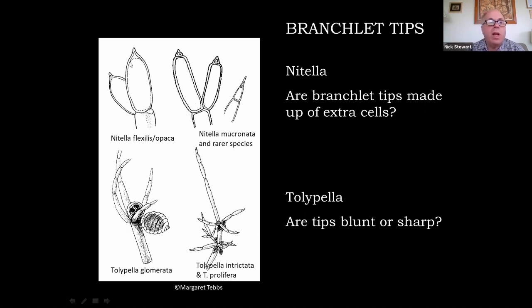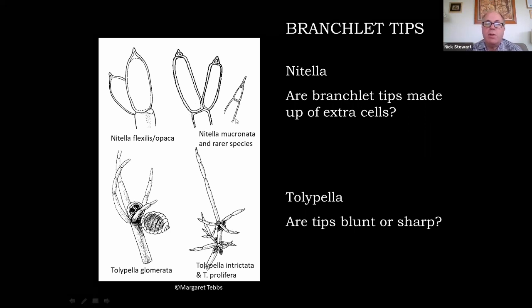The way this is drawn, it actually looks as though there's an extra cell here, but that's just trying to show that there's a curvature. What you're actually looking for is a proper cell division separating the tip. Sometimes there's even a third, so divided into three cells.